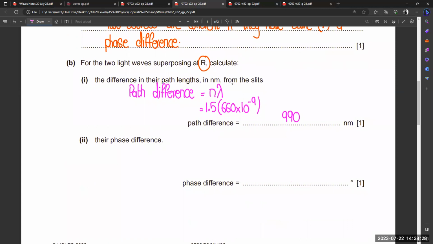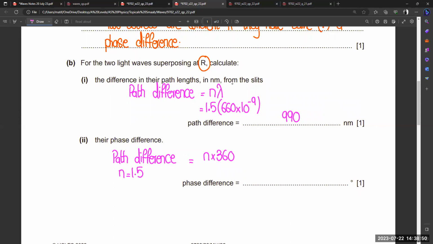So we know that the phase difference is based on the concept of n is equal to 1.5. So we just need to multiply this n by 360.